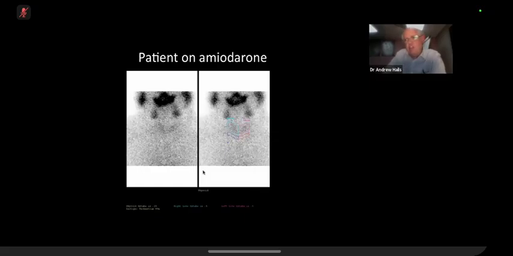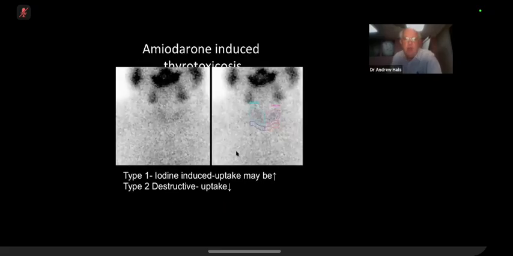And you get hyperthyroidism because it's destroying the gland, releasing all the thyroid hormone. But in actual fact, if you do a radioisotope scan like this, you get virtually no uptake in the gland. So that's a type 2 destructive thyrotoxicosis caused by amiodarone.